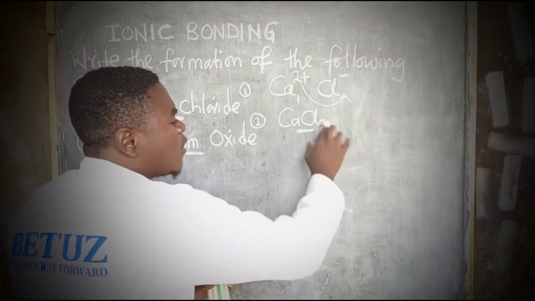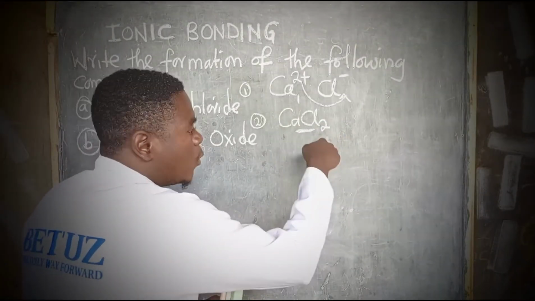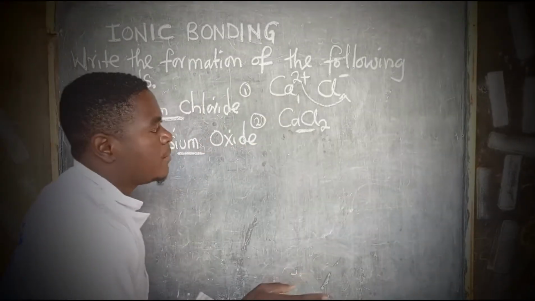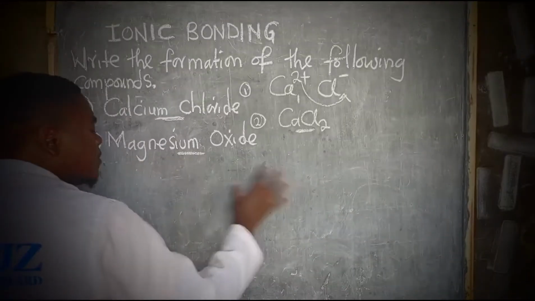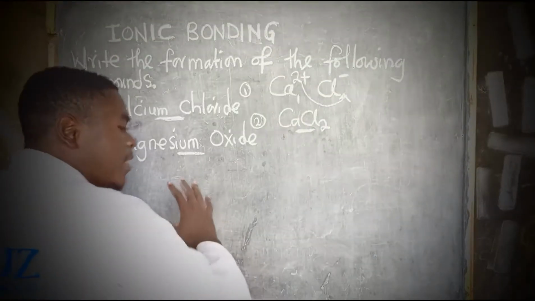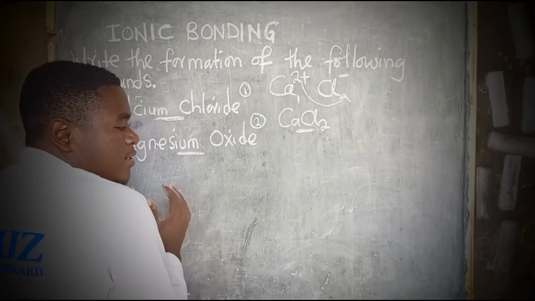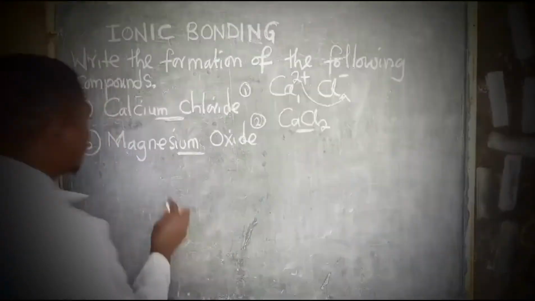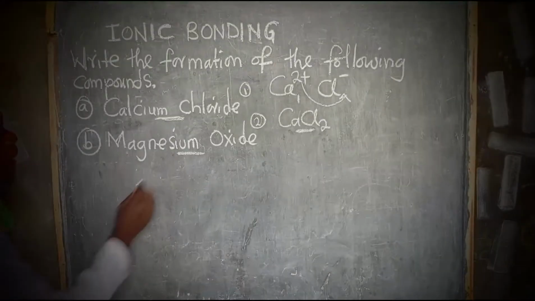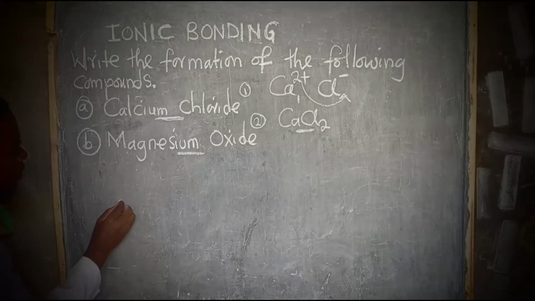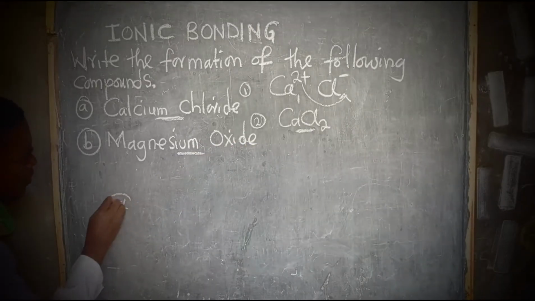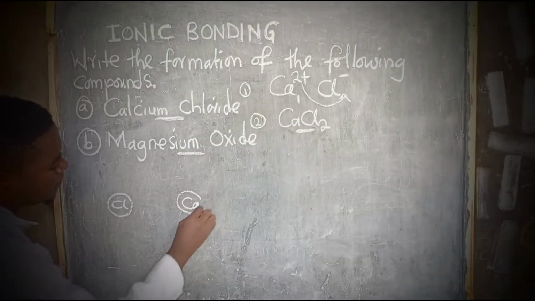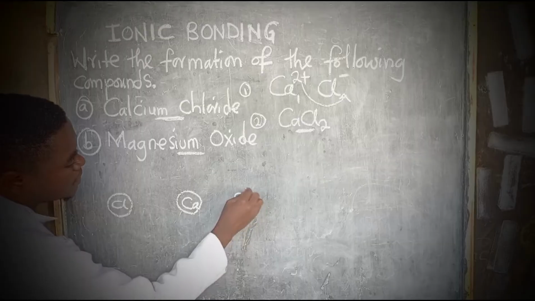How many atoms of chlorine am I having? 2. How many atoms of calcium? Only 1. So I'm going to draw 2 diagrams for chlorine, and the calcium will be in the middle. I put the chlorine this side, then I put the calcium here, and I put another chlorine this side.